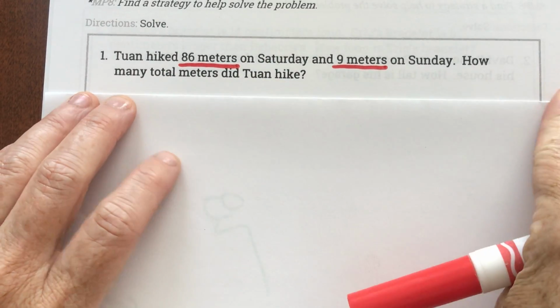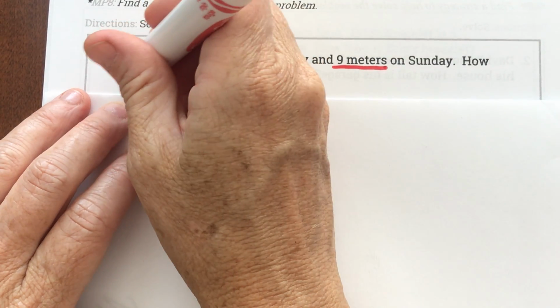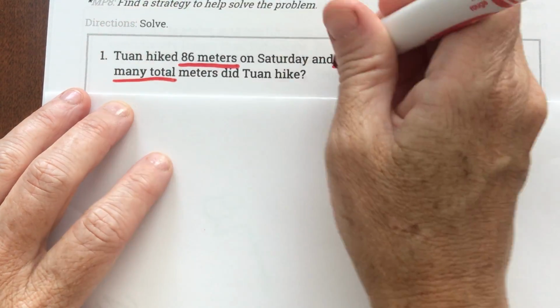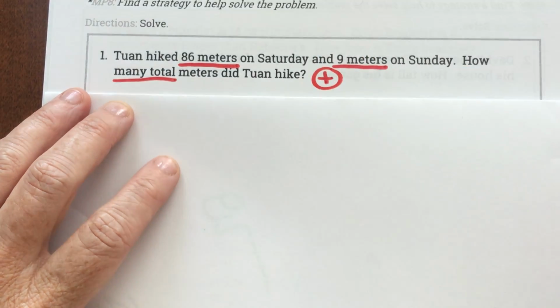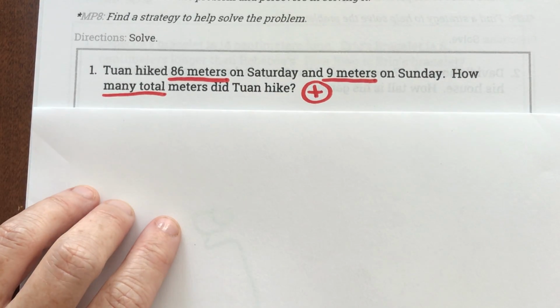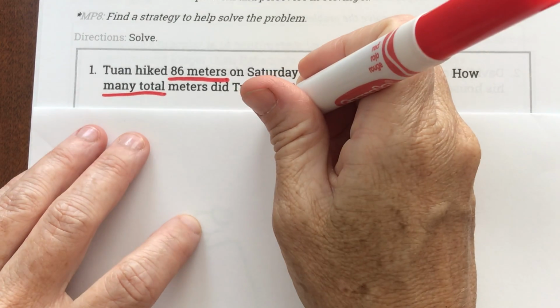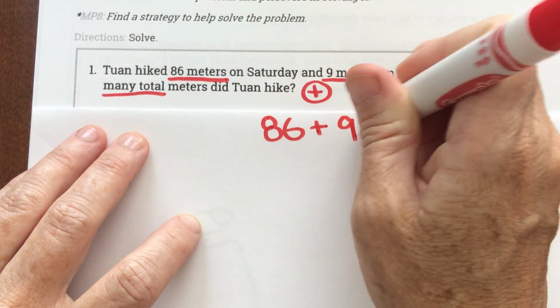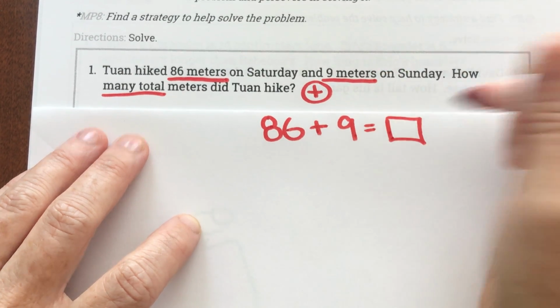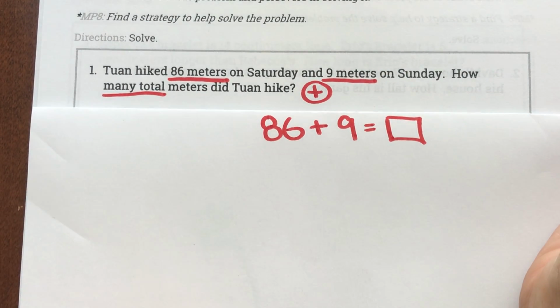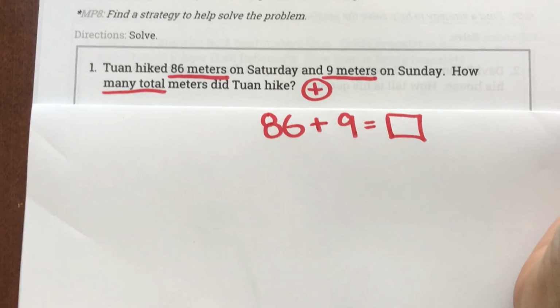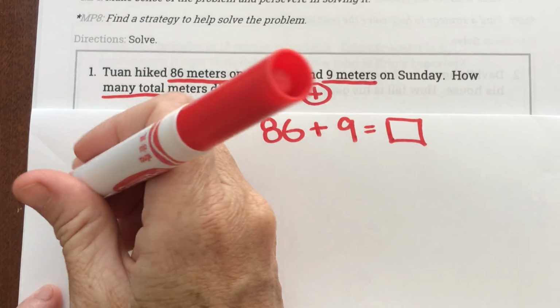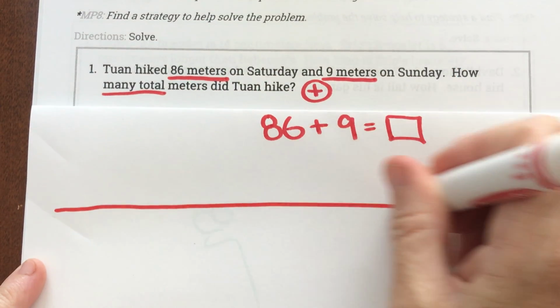And then my question says how many total? How many total tells me they want me to add those. So when I write my equation, it is going to be 86 plus 9 equals something. And I'm not sure what that something is yet. Okay, so my strategy is going to be the number line strategy, and I'm going to be counting on.